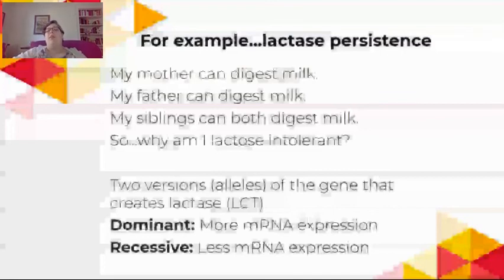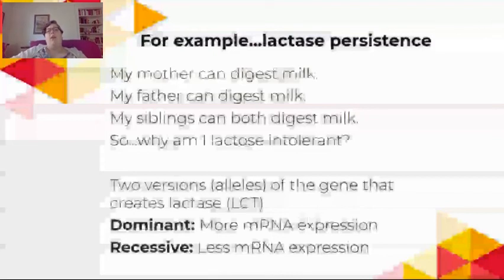So in the dominant version of the gene, transcription happens more easily, more mRNA is produced, and more lactase protein is produced. In the recessive version of the gene, the DNA is coiled slightly differently, which makes it harder for the transcription proteins to get in there and transcribe that gene.